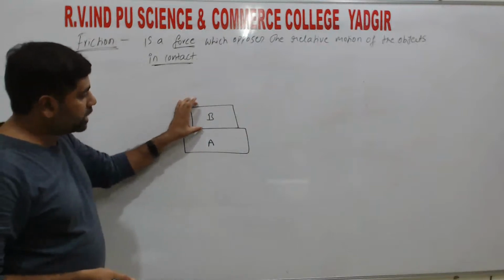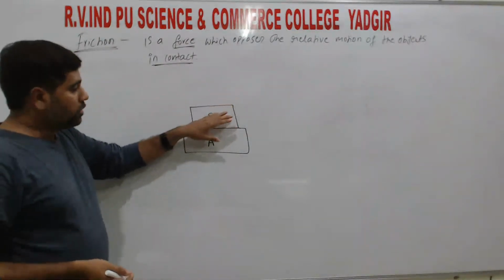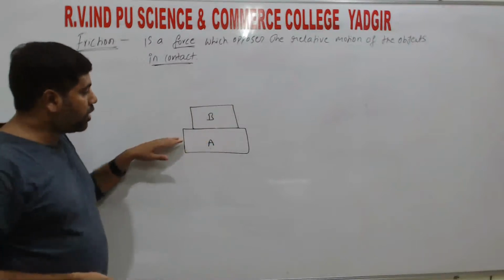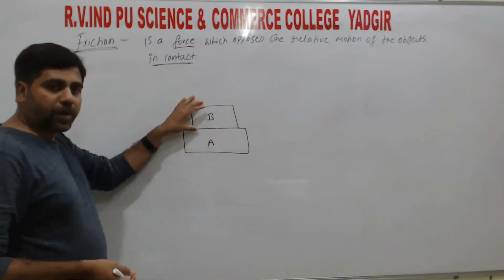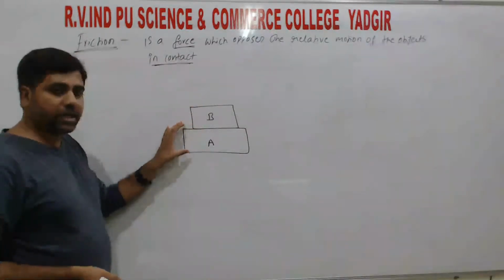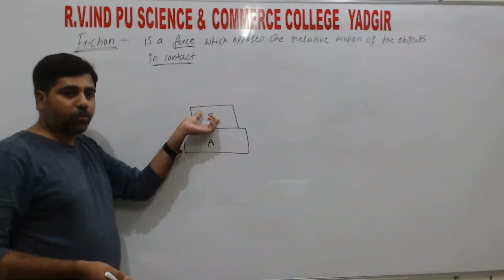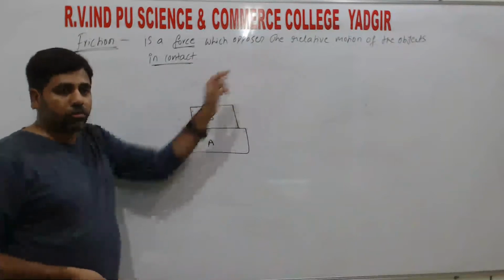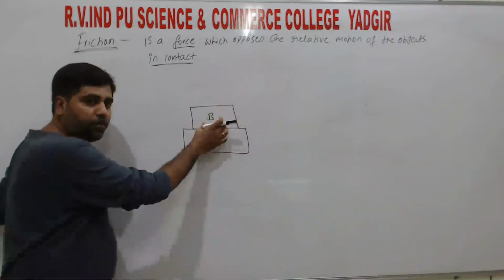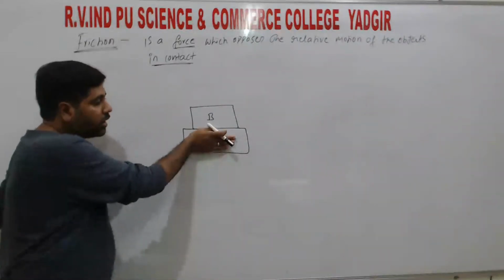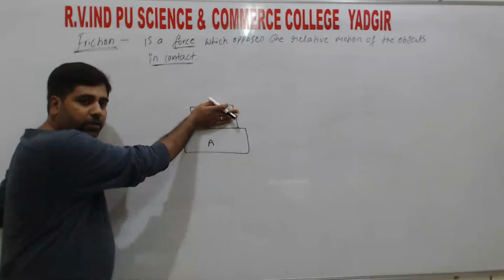So this is the relative motion of object B with respect to A. So this object opposes the motion of object B, right?